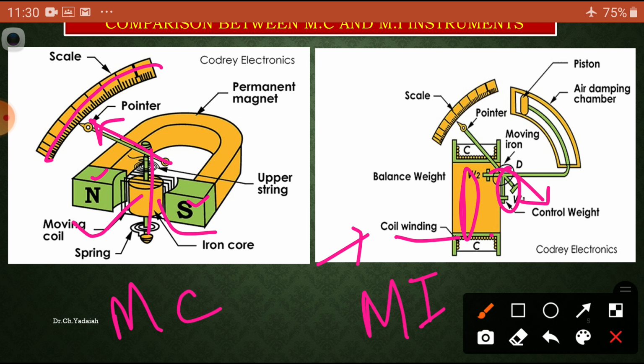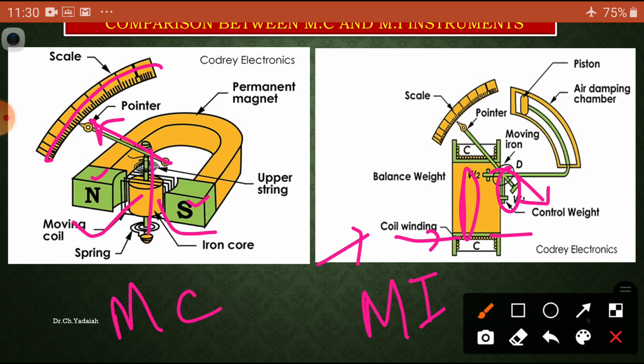Whenever the variable to be measured is given to this coil, it establishes the magnetic field and tries to attract the soft iron towards the inside of the coil. Thereby it rotates its spindle and pointer, and we measure that value on a calibrated scale.